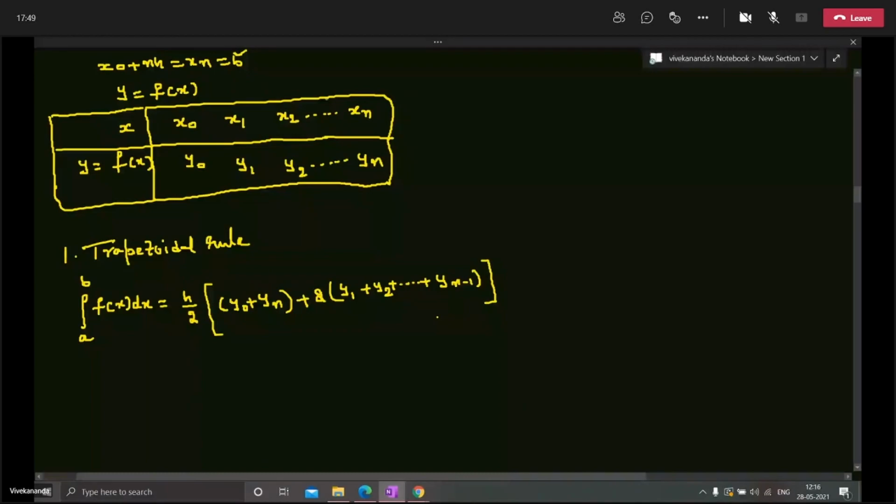And also you can write this as h by 2 into y naught plus yn, where y naught is the first ordinate and yn is the last ordinate.